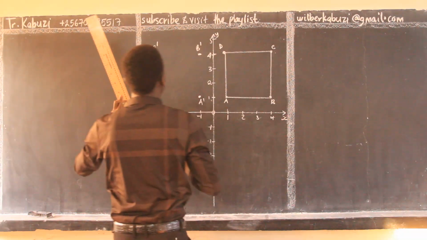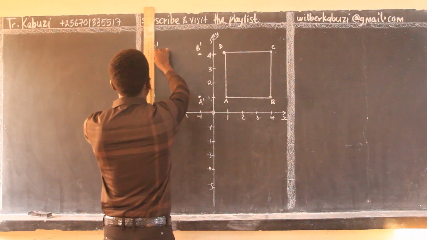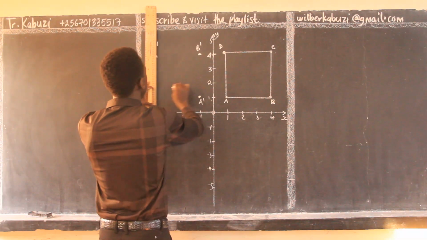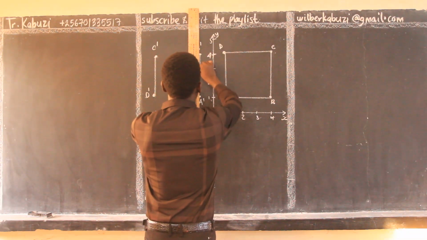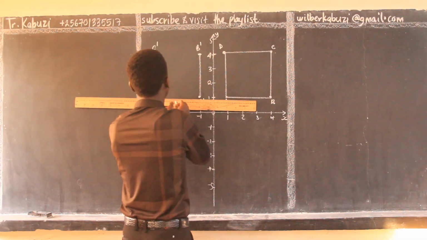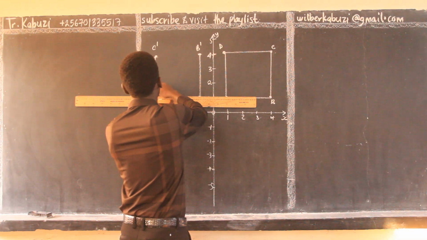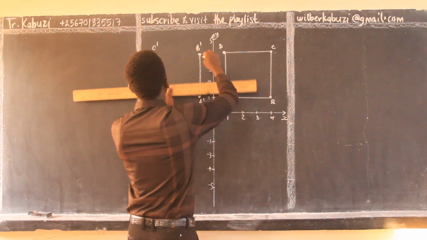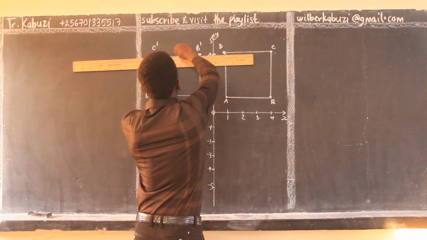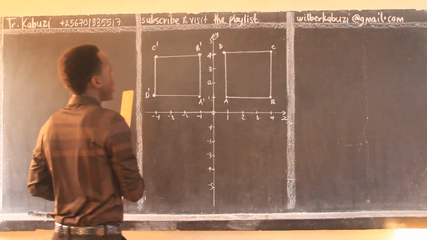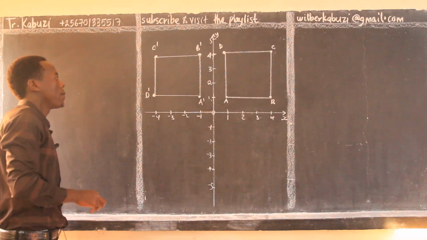Remember, in rotation we don't change the shape. The shape remains the same. What changes is just the position of the shape. So that is now our new model.